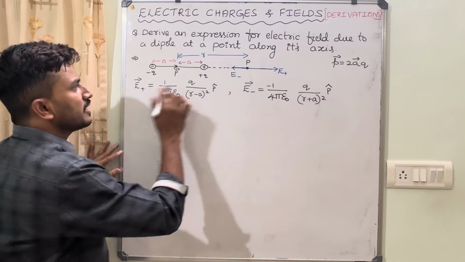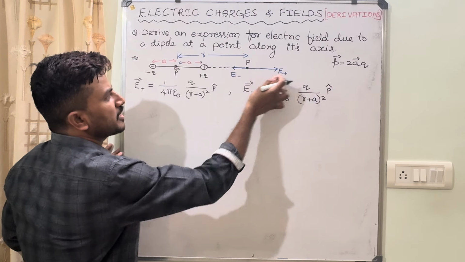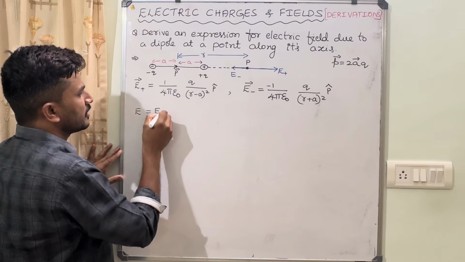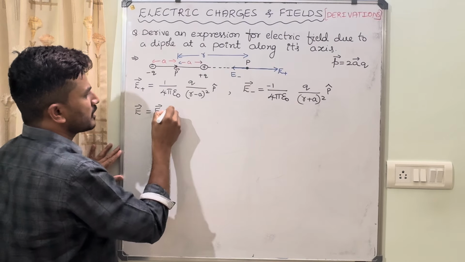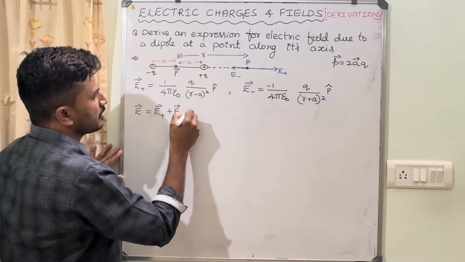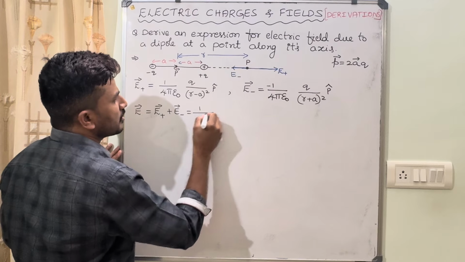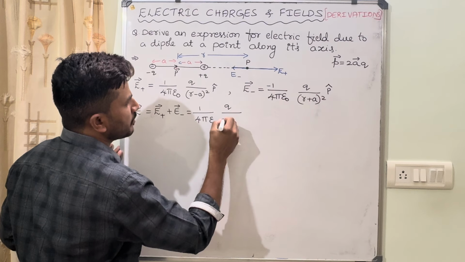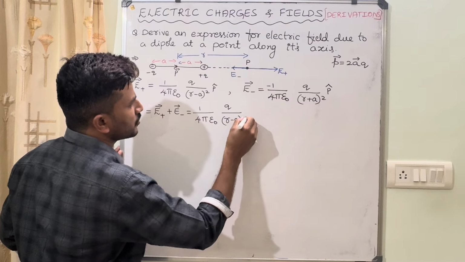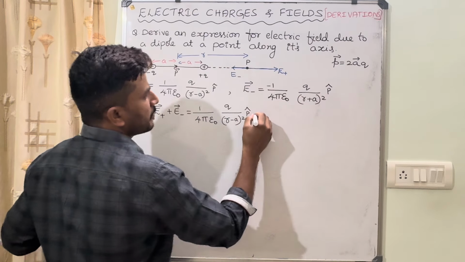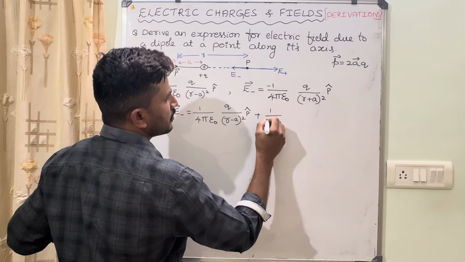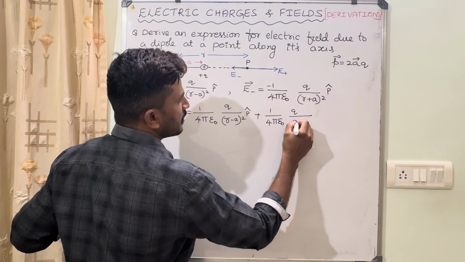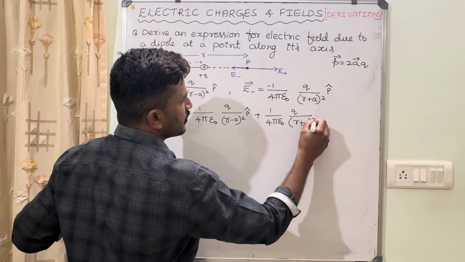Next, what is the net electric field here? Just E plus plus E minus. So the total electric field is given by E plus E minus. E plus is 1 over 4 pi epsilon naught q divided by r minus a whole square, p cap, plus this one, 1 over 4 pi epsilon naught q divided by r plus a whole square, p cap.